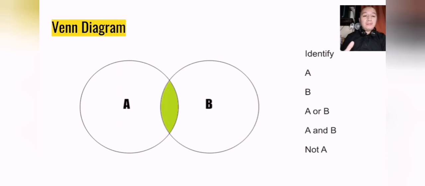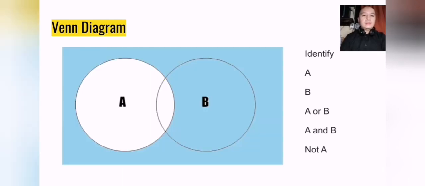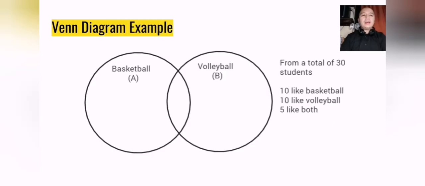Thus, it's the circle at the middle where the 2 circles intertwine or meet. And then finally, when you say not A, it's B and all the spaces outside your letter A. So that's how you identify things in your Venn diagram.